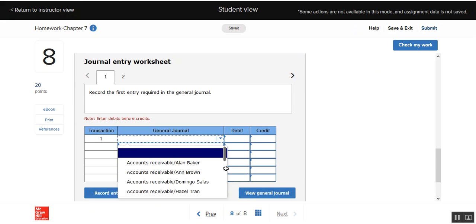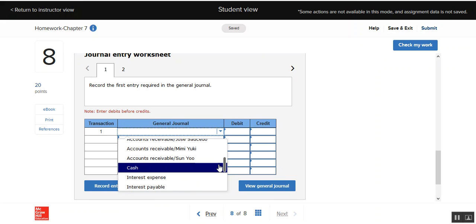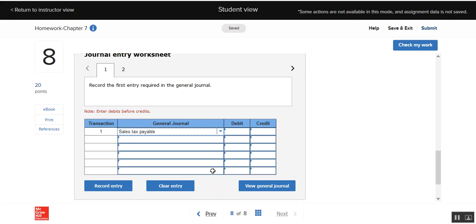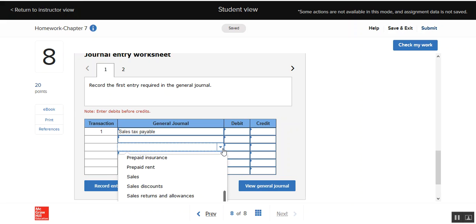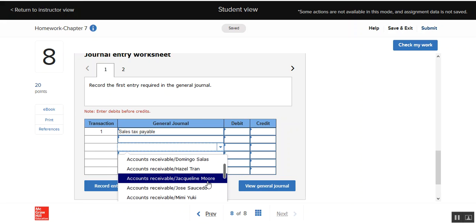All right, so we already said we're going to give her the correct amount of sales tax that she paid on this. We're going to give it back to her. So we credited sales tax payable when we made the initial sale, so we're going to debit it to undo that part. We also know that she owes us less money now because she returned one of those chairs.